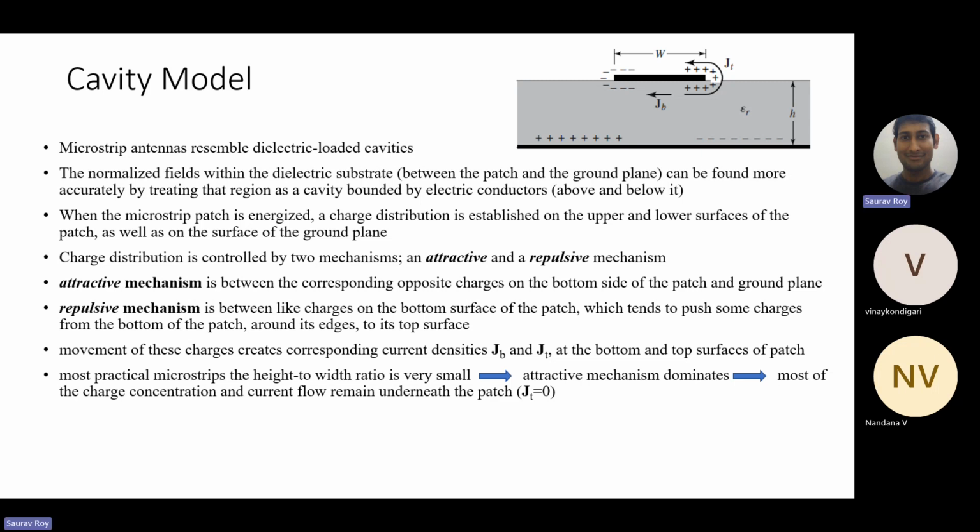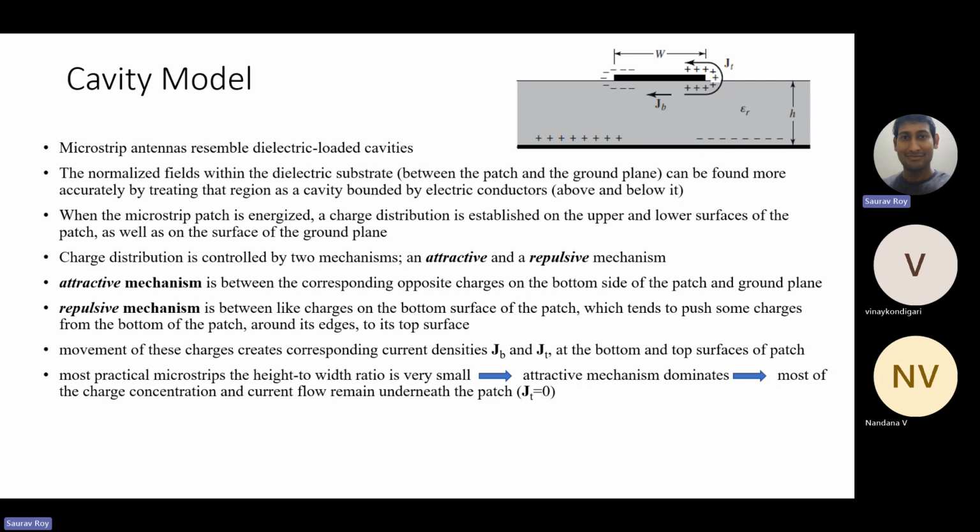Now when you excite it with some kind of high frequency excitation, there will be charges excited on both metallic layers. There will be two main mechanisms: one attractive, another repulsive.